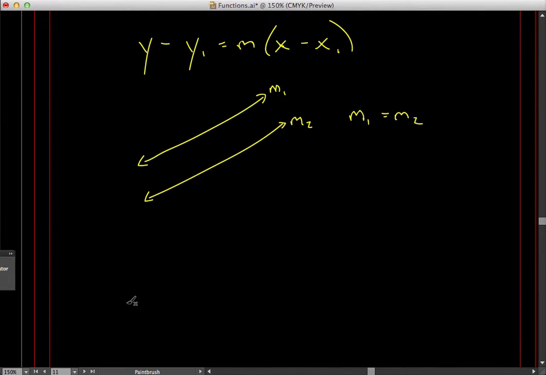If we were given this first line, m sub 1, and we're given the slope m sub 1, and then we're asked to find the equation of a line that is perpendicular to this line. So perpendicular, actually I'm going to draw this in a different color here.